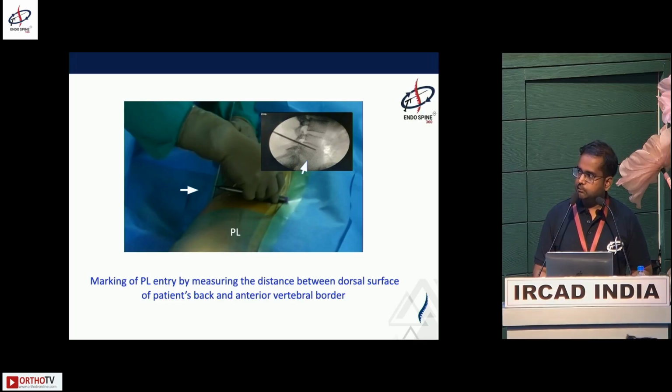This will be a bit difficult to explain here. If you practice it tomorrow on the patients in the cadaver, you will be more clear on that. So just remember the posterolateral entry is marked from the anterior vertebral border, and the distance is marked on the dorsal aspect of the patient's back.